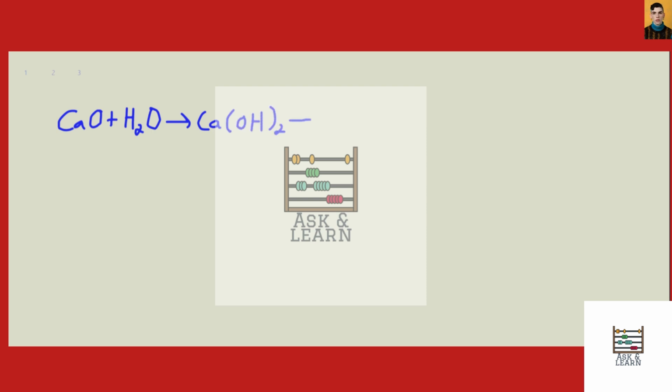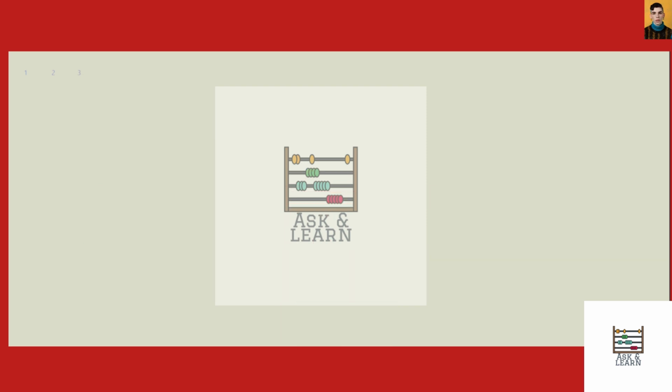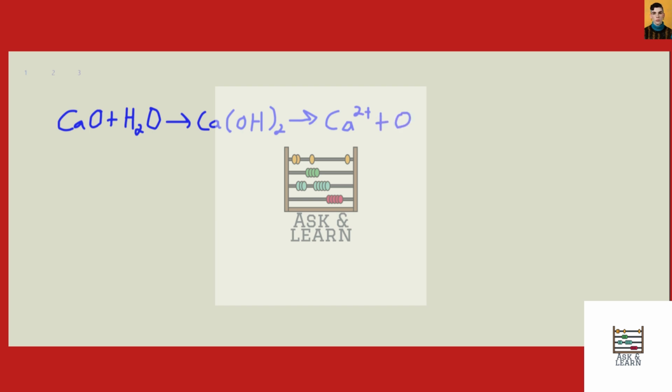Now, B. Approximately how many pounds of calcium oxide must be added to the water to achieve this pH. So if we have calcium oxide here, it's going to react with water to form calcium hydroxide, which will further yield Ca2+ and 2 OH minus.